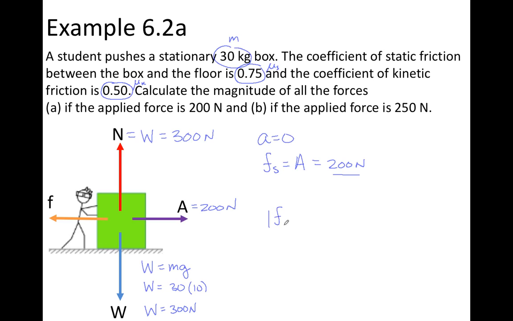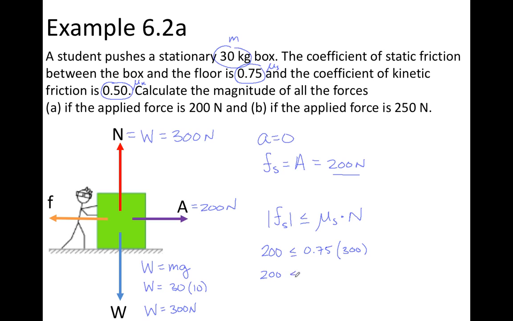Is the magnitude of static friction less than or equal to mu s times normal force? Okay, so let's check that this inequality is not violated. So the magnitude of static friction is 200 newtons. The value of mu s is given as 0.75, and the normal force we calculated to be 300 newtons.